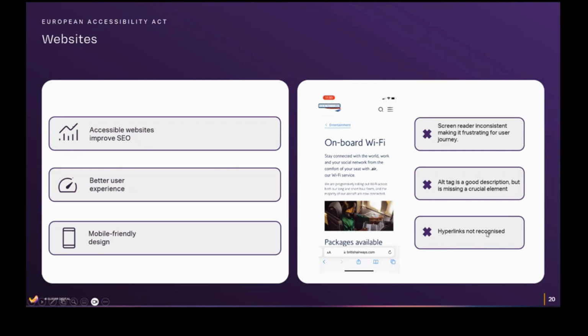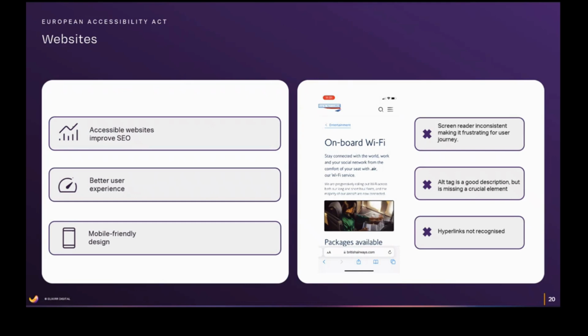Skip to main content button. On board Wi-Fi. Heading level 1. Stay connected with the world. Work and your social network from the comfort of your seat. Stay connected. A customer working on a laptop in Club Suite in business. Club World.